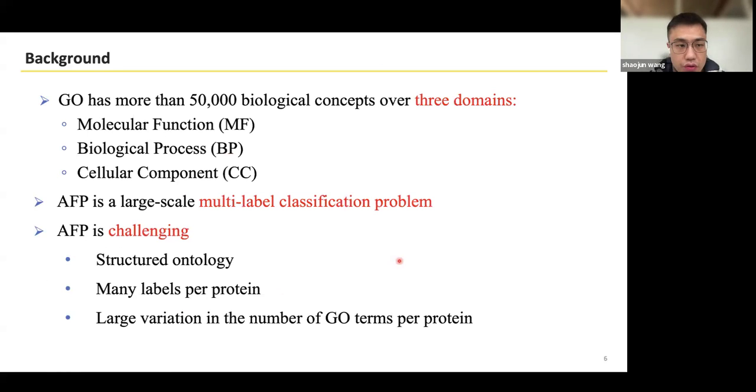First, I want to make some introduction about protein function prediction. So first, what is protein function? Here we use Gene Ontology to describe protein function. Now, GO contains more than 50,000 biological concepts in 3 domains: molecular function, biological process, and cellular component.